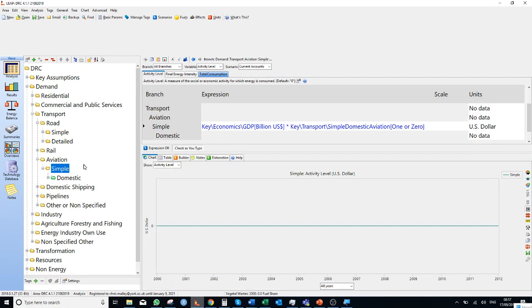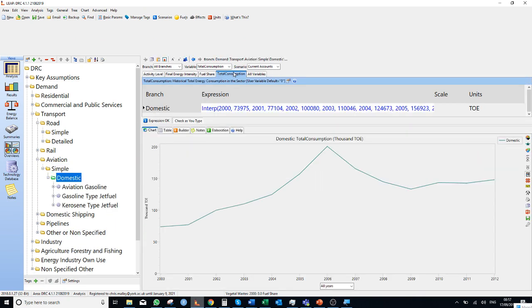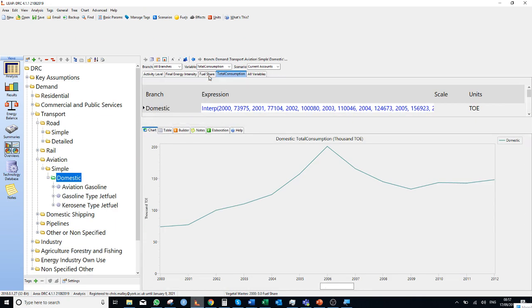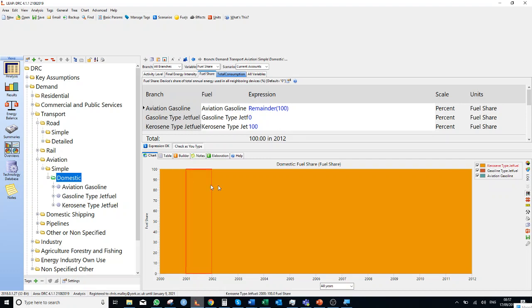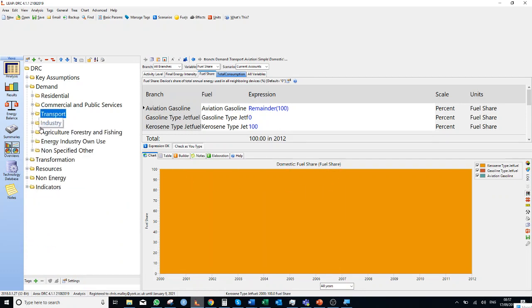Aviation, total consumption entered here, fuel share, all kerosene. So that's how I've entered the data that is available from your energy balances.